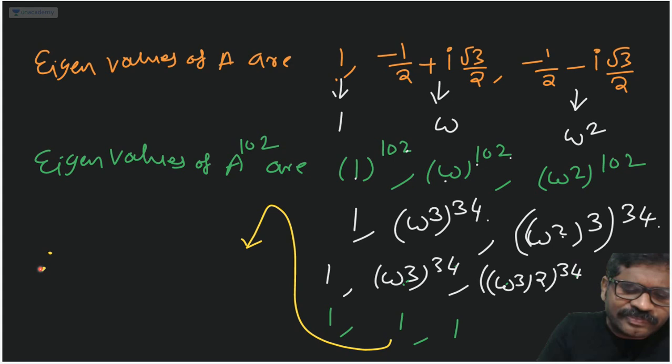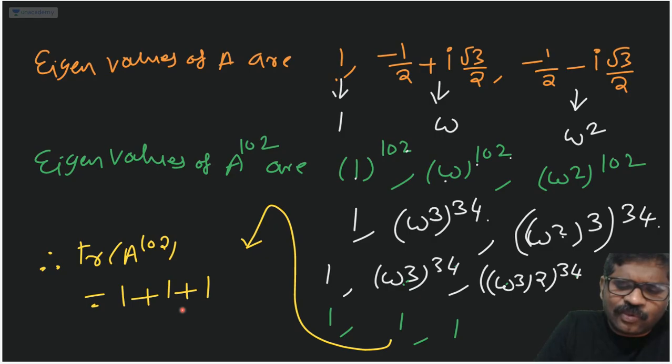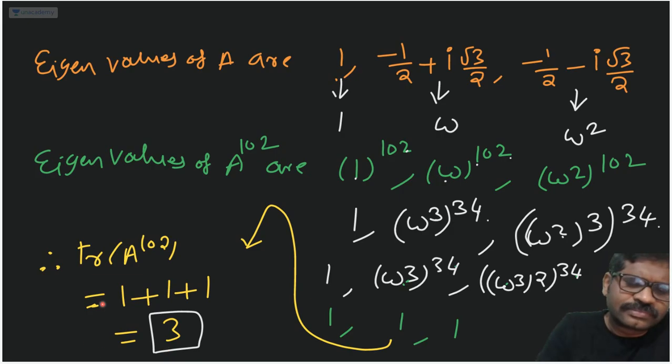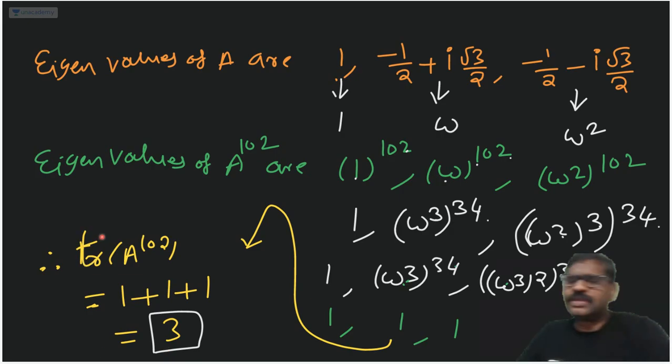Therefore, trace of A power 102 is 1 plus 1 plus 1, which is 3. So trace of A power 102 is 3. Understood?